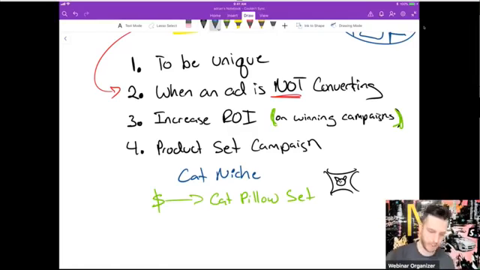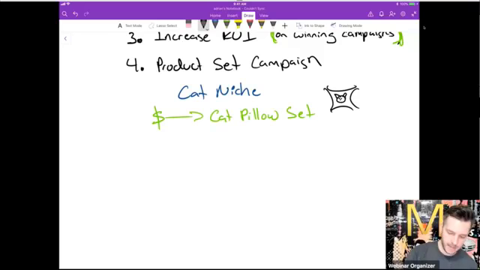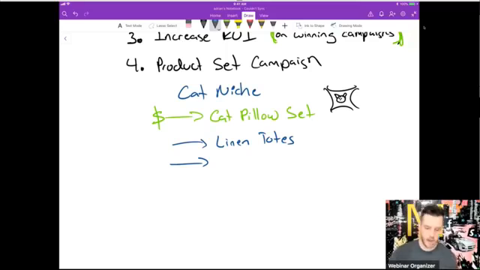This is where the conversion page comes in. On the same exact page, we could have them come in and say, hey, why don't you also get the linen totes? And how about you get, maybe you have an AliExpress item, a cat necklace.